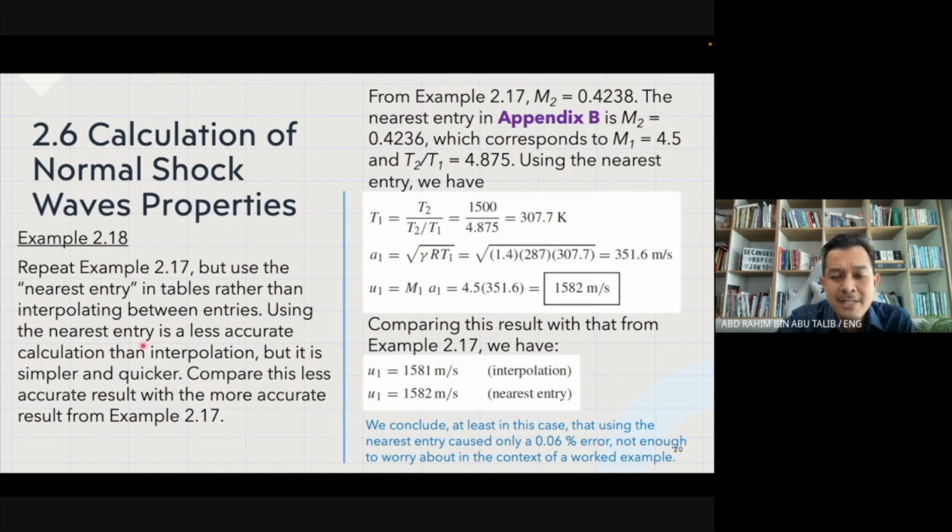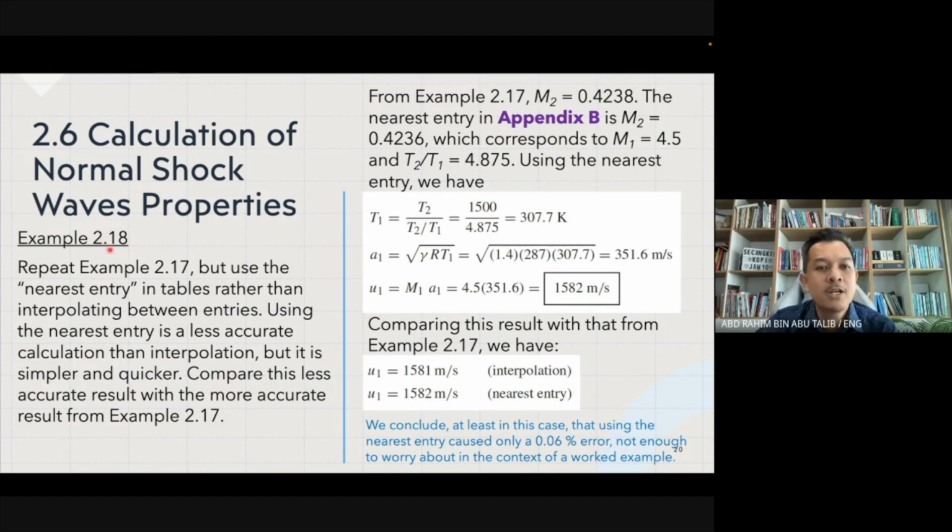Using the nearest entry is less accurate because you are just assuming that it is nearer to the one value rather than the other one. But it is simpler and quicker. Just to get an estimation, it is good enough. But if you want accuracy, you have to do the interpolation. And so we can now compare this less accurate result with the more accurate result from example 217.